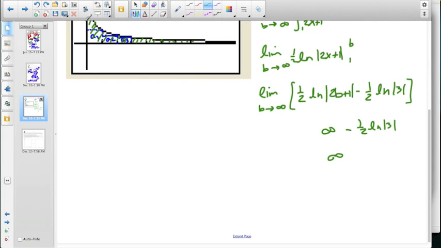So this area is infinitely large, and so since the integral of 1 over 2x plus 1 dx from 1 to infinity equals infinity, we really can't tell where the sum of the series goes.